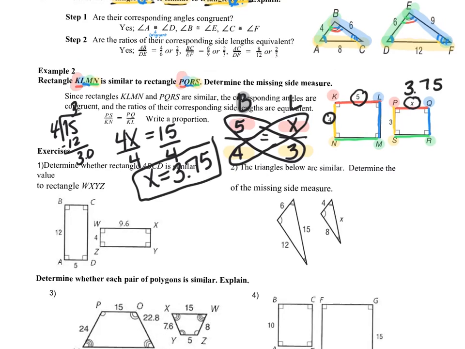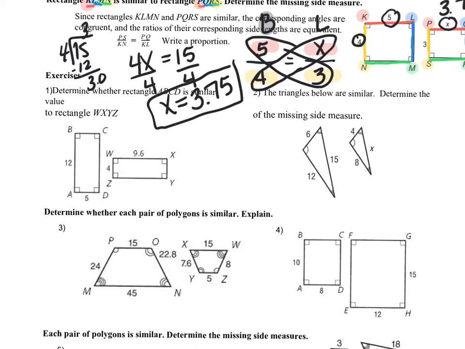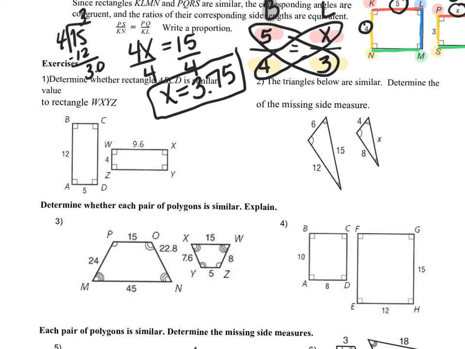Okay, so let's look at this next one. So I'm going to go to the rectangles below. I know you don't have 4 colors, but I'm going to go ahead and highlight the sides. It tells us in the wording, ABCD is similar to WXYZ. So they start in the same one. So we're going to start with AB here.